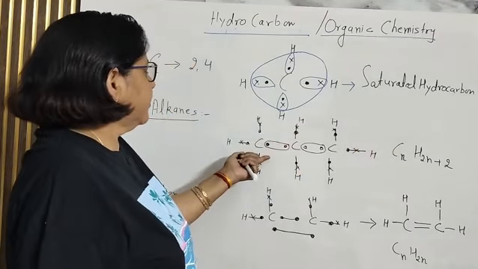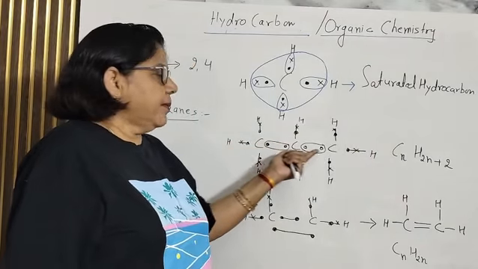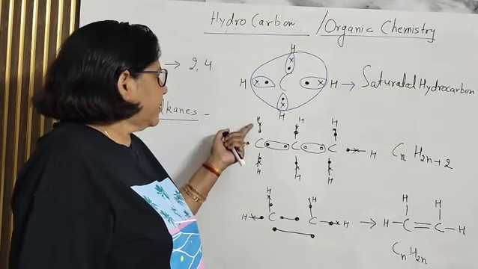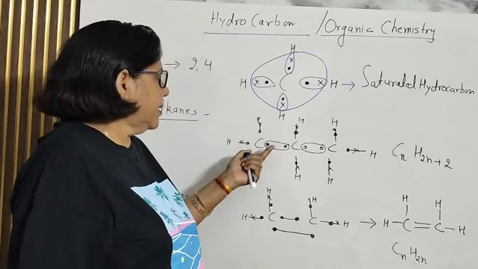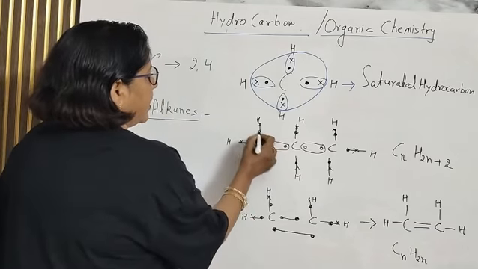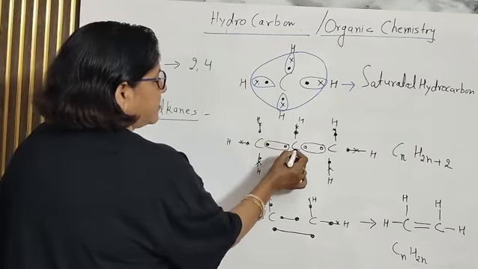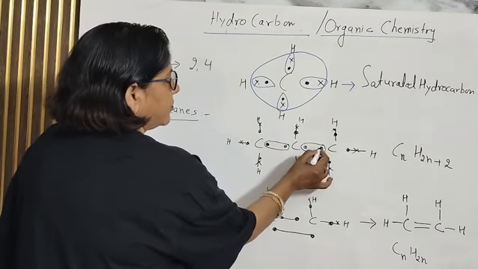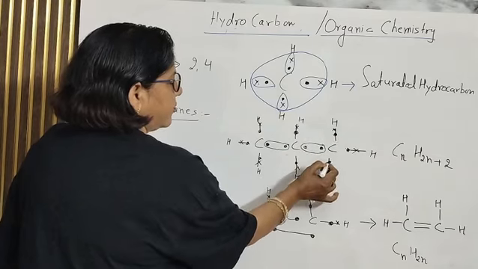For instance, you see here there are 3 carbon atoms. Every carbon atom has 4 electrons in the outermost shell: 1, 2, 3, 4. This carbon 1, 2, 3, 4. This carbon 1, 2, 3, 4.